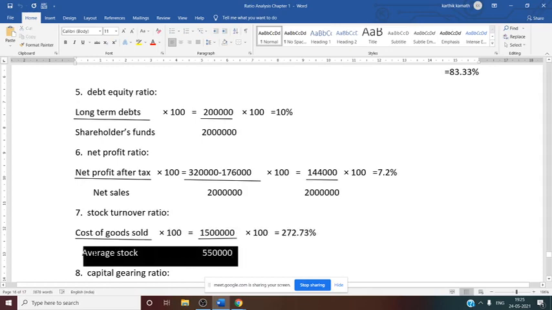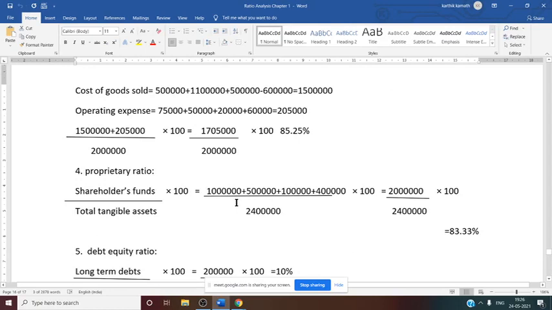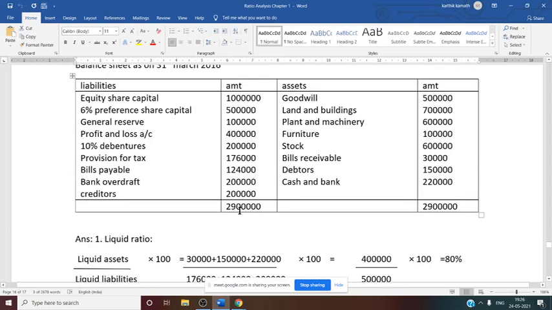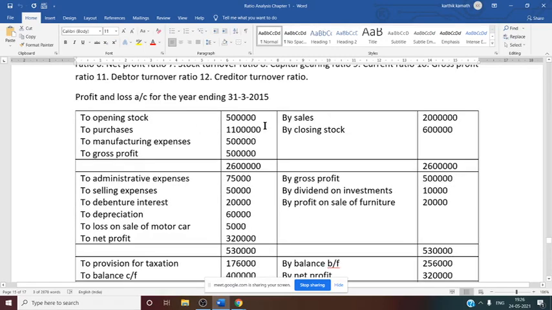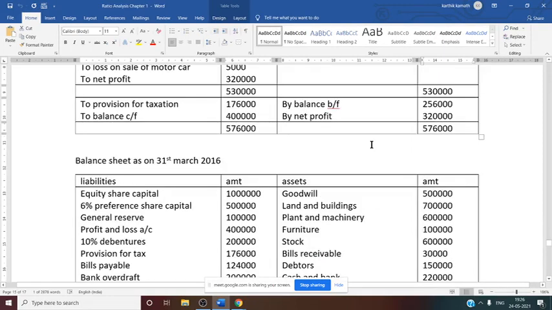Average stock is nothing but opening stock plus closing stock divided by 2. So now we want opening stock, whether there is any opening stock information. Yes, in the P&L they have given you opening stock, that is 5 lakh. In the P&L itself they have again given you closing stock, 6 lakh. 5 lakh plus 6 lakh divided by 2, if you do, you will get average stock.